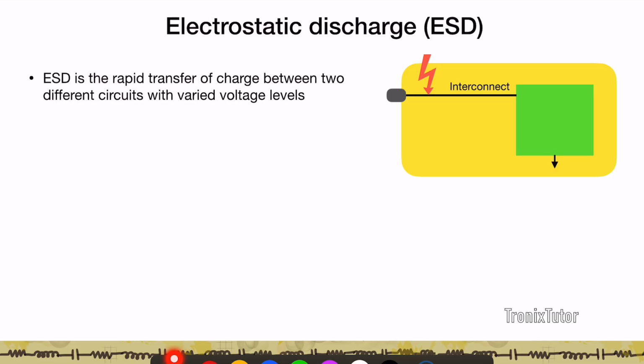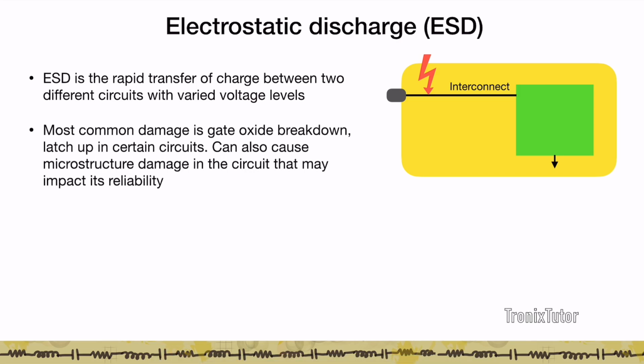A short slide on the electrostatic discharge structures or ESD. So typically when you have a chip with varied voltage levels, sometimes a freak incident like a charge coupling, right, can induce a rapid transfer of charge between two different circuits. And typically what that means is that there's a spiking, there's a sparking, if you will. And so that ends up creating a large instantaneous electric field, most probably across a dielectric.